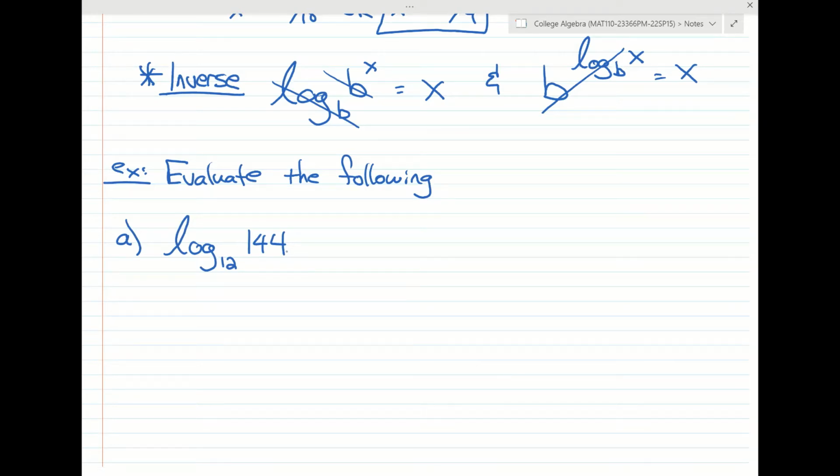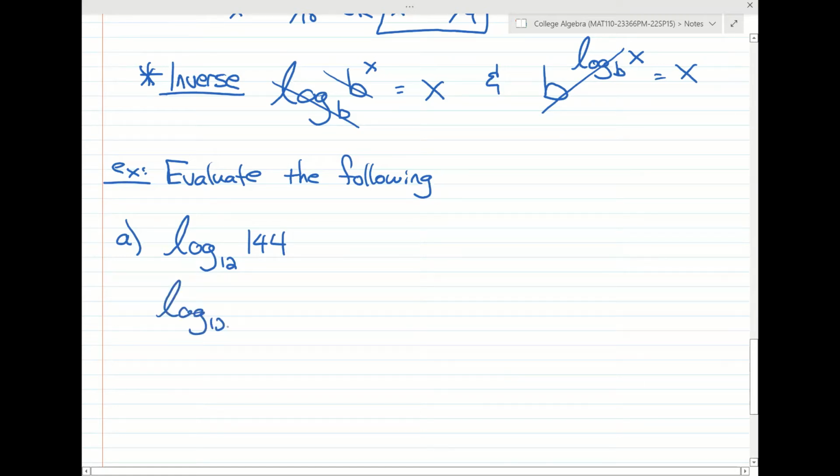A couple different ways we could do this problem. 144 is just the same thing as 12 to the second, right? So we could just write this log base 12 of 12 to the second. Cancel these out using the inverse property, because those bases are the same, and then just say the answer is 2.